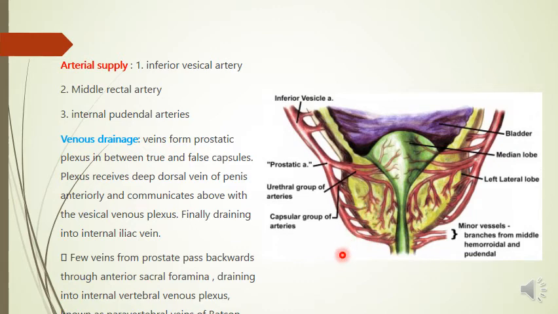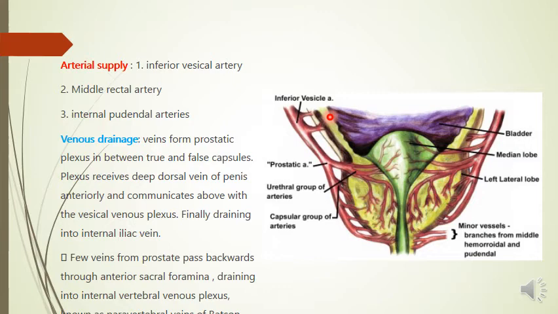The venous drainage: veins form the prostatic plexus in between the true and false capsule, as we have seen. They receive the deep dorsal vein of the penis anteriorly and communicate above with the vesical venous plexus. The prostatic venous plexus communicates with the vesical venous plexus, and finally drains into the internal iliac vein.